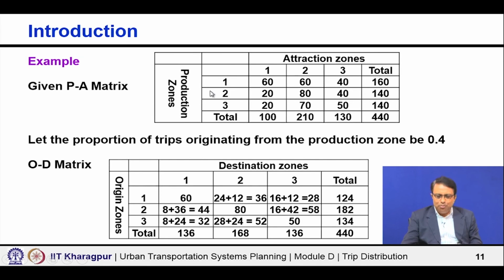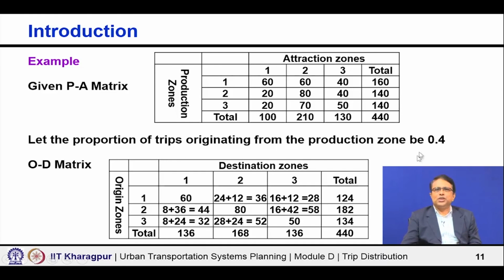Similarly, in the same PA matrix 2 to 1 indicates that the production is in 2 and attraction is in 1. Okay? So, for all these 20 trips, the household or the home end is at zone 2, and for all these 60 trips 1 to 2, the home end is 1.